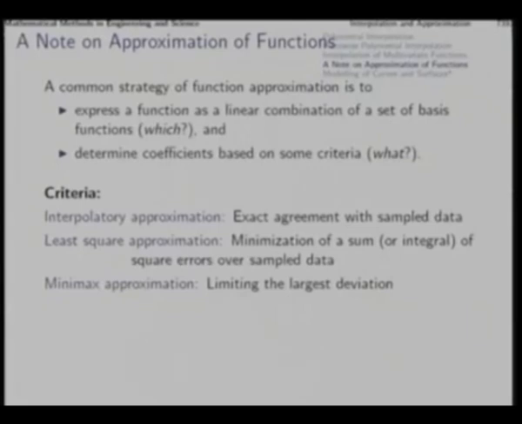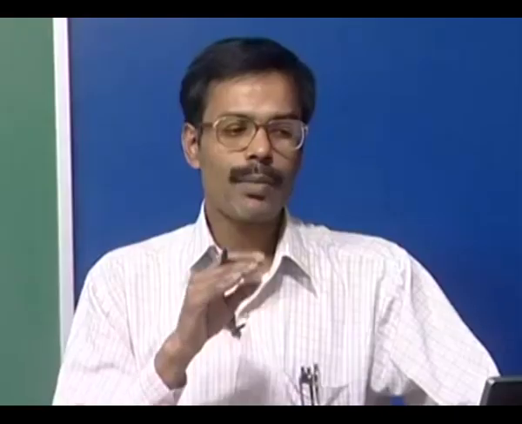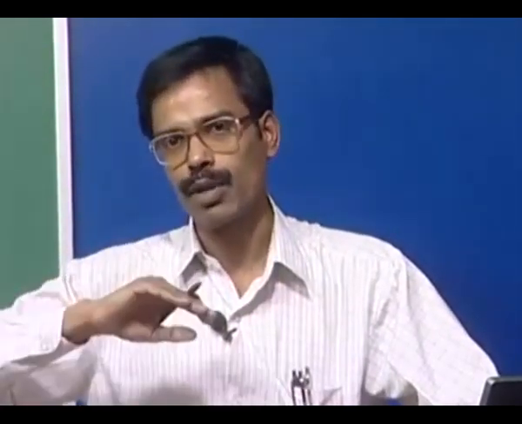And around the same time, we will study the third criterion of function representation also, that is minimax approximation, which also has a certain application. There we do not try to make exact agreements with certain data points. We do not want the overall least square approximation.